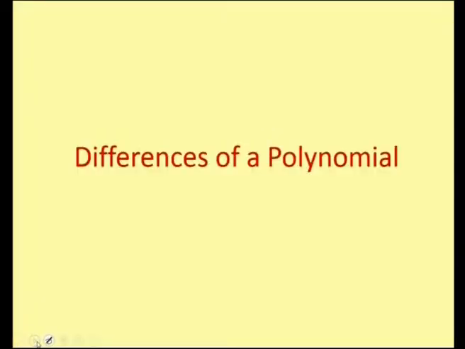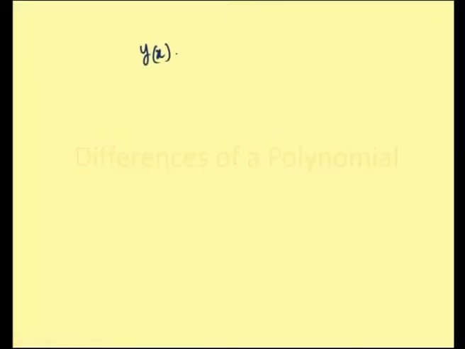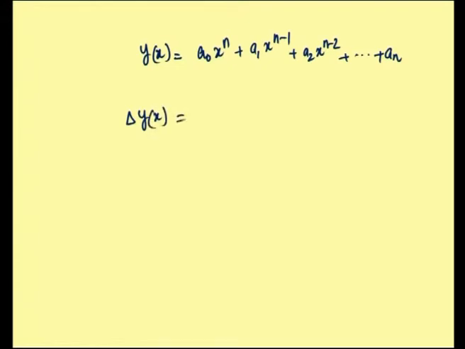Next, differences of a polynomial. Consider a polynomial of degree n, that is y of x is equal to a naught x power n plus a1 x power n minus 1 plus a2 x power n minus 2 plus etc. plus an. The difference of the polynomial is delta y of x, which is equal to y of x plus h minus y of x.